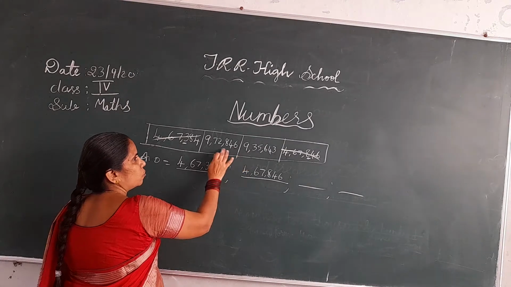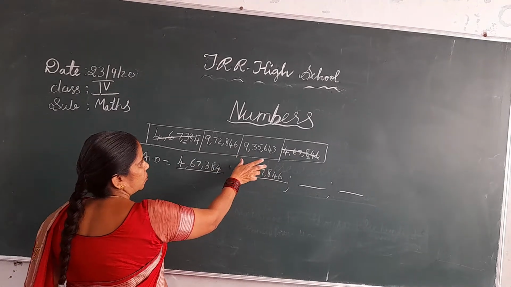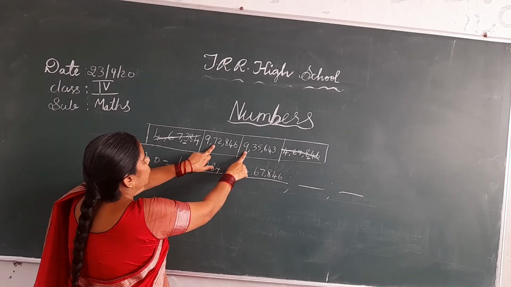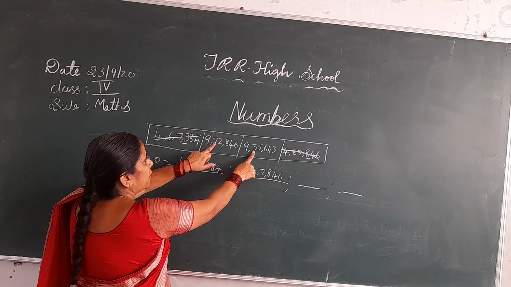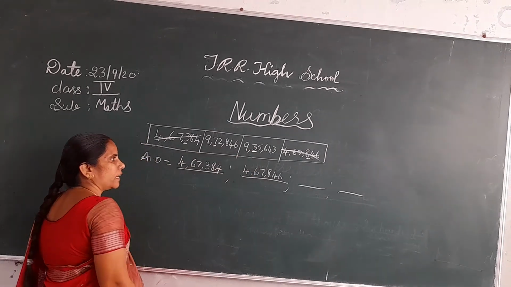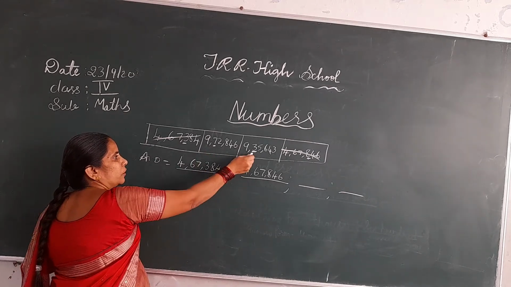Now, of the next two, which is the smaller one? Counting the digits, you got the same 6 digits. Now see the lakhs place. Both lakhs places are the same. Then go to the 10,000 place. Here 7 is there, here 3 is there. Both are the same? No. So which is smaller? 3 is smaller.